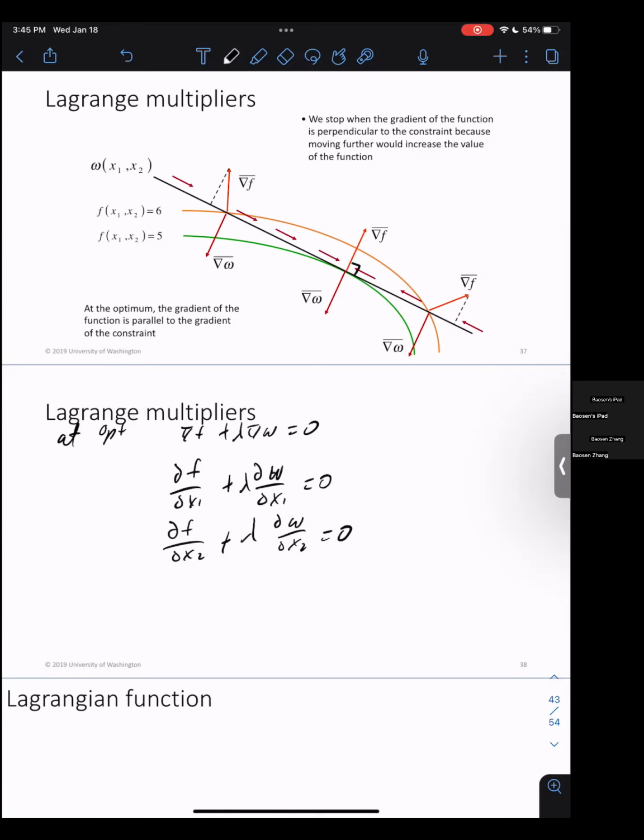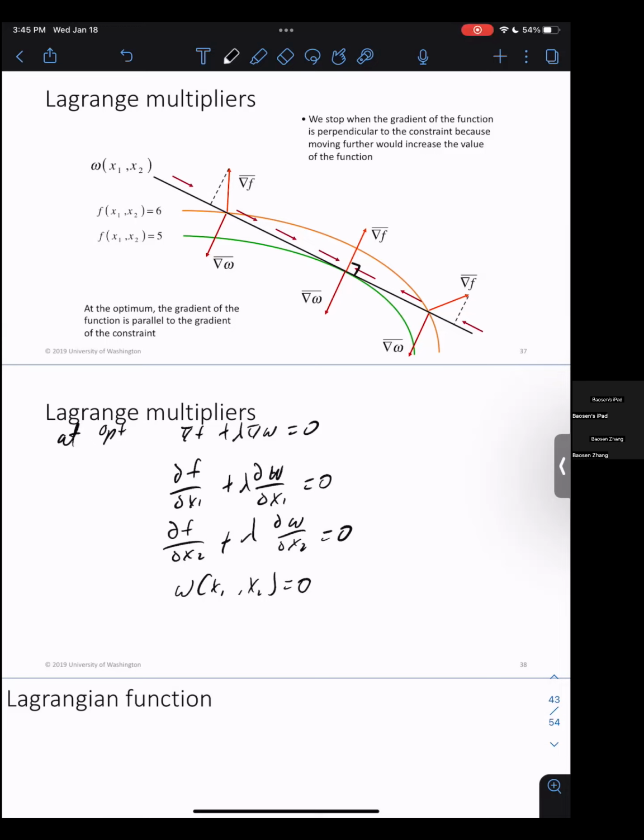Can we get one more equation in this problem? The constraint itself, right? So the constraint itself says this thing has to be 0. So here is how you get three variables, three equations.